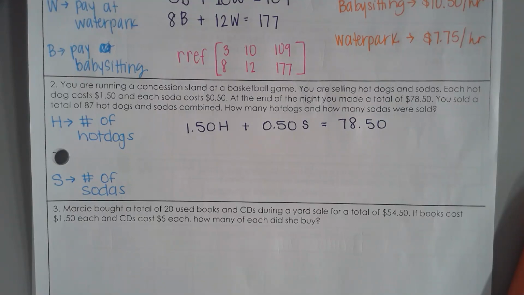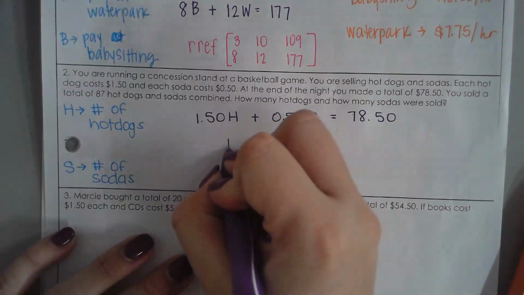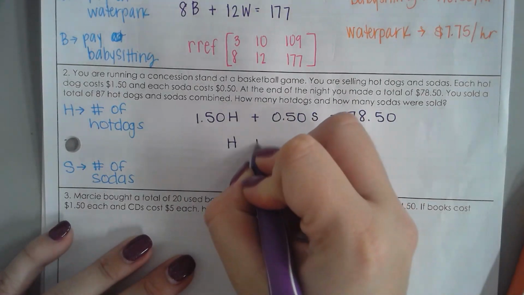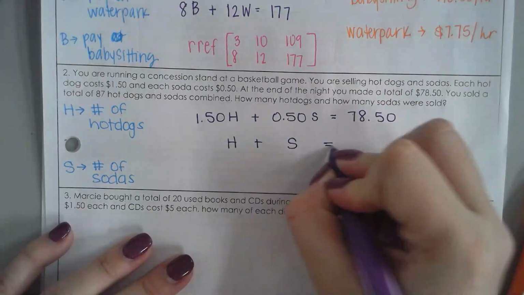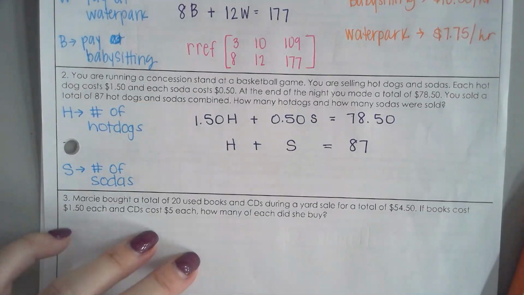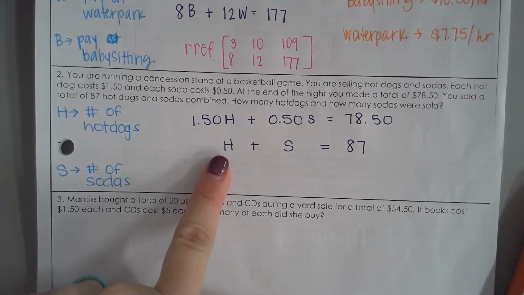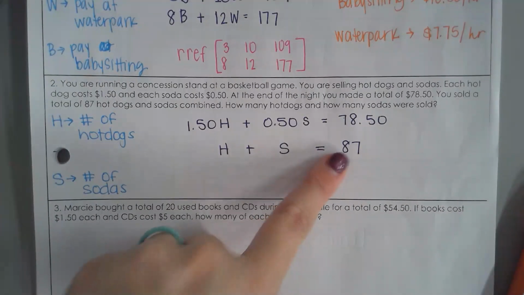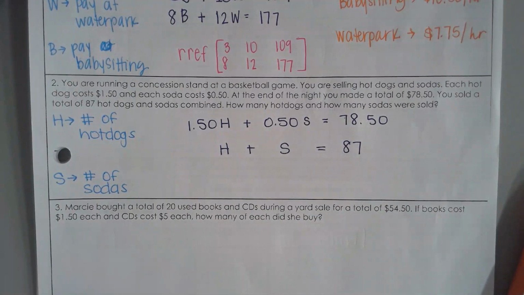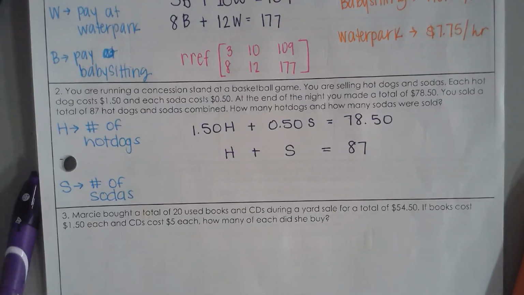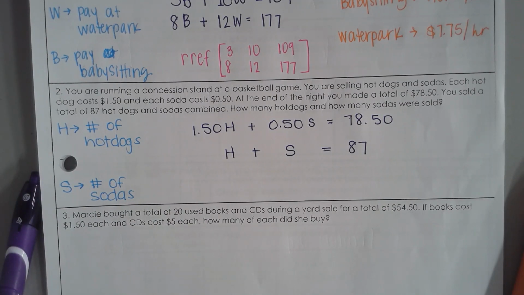So H plus S equals 87. If you don't have a number in front of H or S, what should I put there? 1, right.